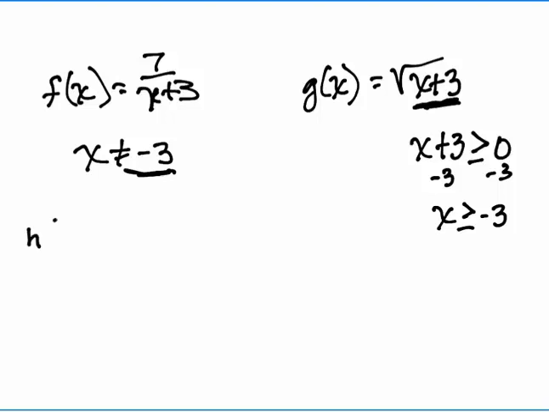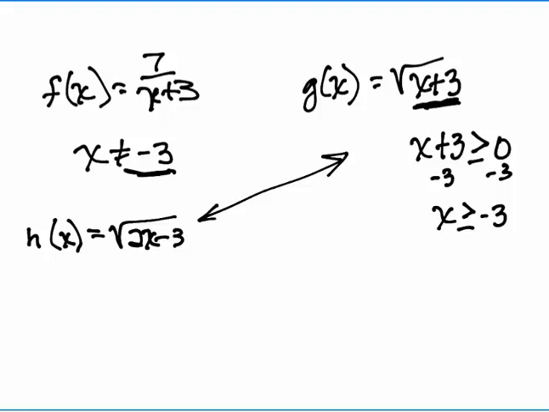All right, let's look at h(x) equals the radical of 2x minus 3. We are going to do the same step that we did over there, where you're going to set the 2x minus 3 greater than or equal to 0.